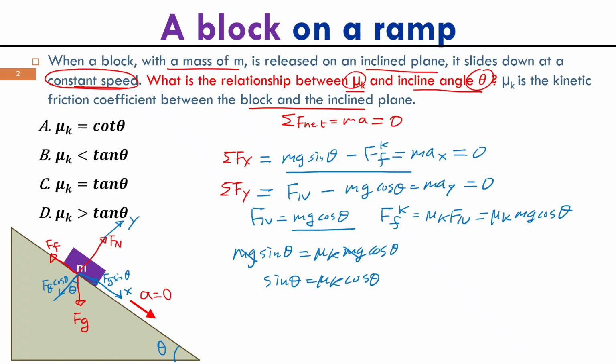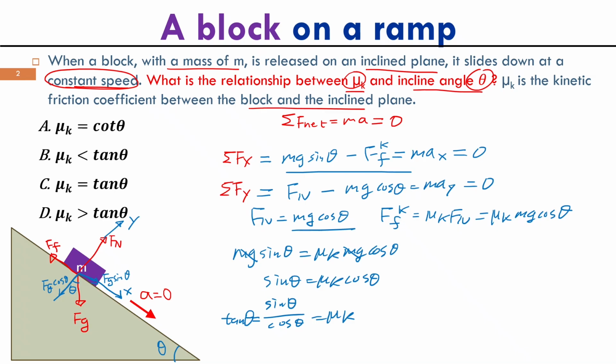If I divide cosine theta on both sides of the equation, I get sine theta over cosine theta, which is mu k. Sine theta over cosine theta is tangent theta, so I got my final answer, which says mu k equals tangent theta.